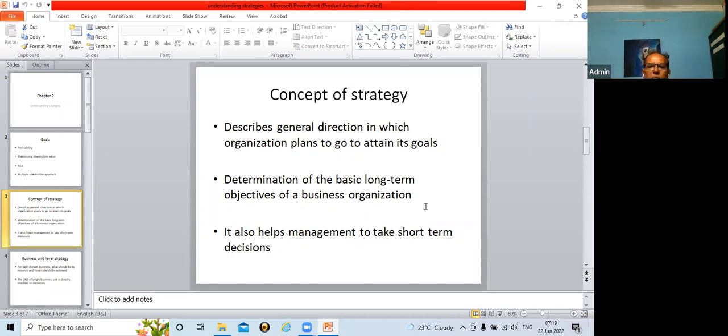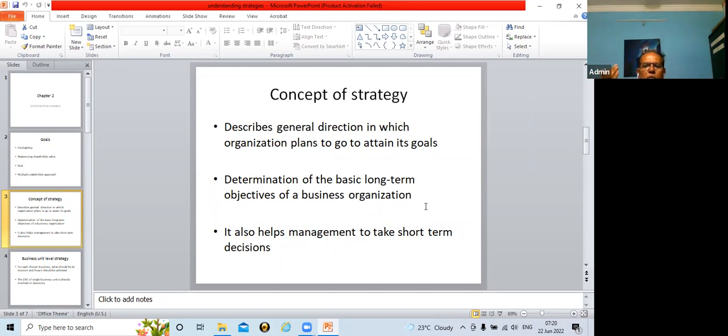These long-term objectives are associated with each and every enterprise. You take any company example or any school or college, you will see their long-term objectives. For example, most companies have long-term objectives such as to provide quality material and to achieve sustainable growth.